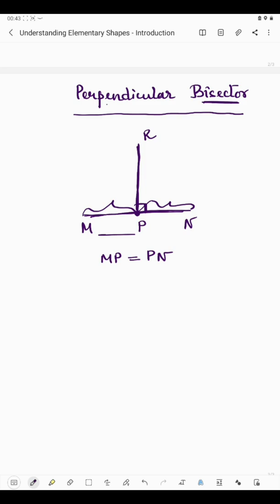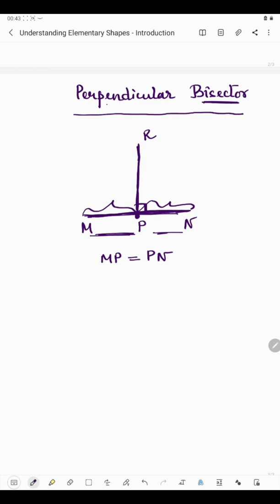So what we have observed is that when a perpendicular line makes 90 degrees with the baseline, it is known as a perpendicular line, and if it also divides the baseline into two equal halves, then it is known as a perpendicular bisector, in which P is the midpoint and the distance between MP and PN is the same.